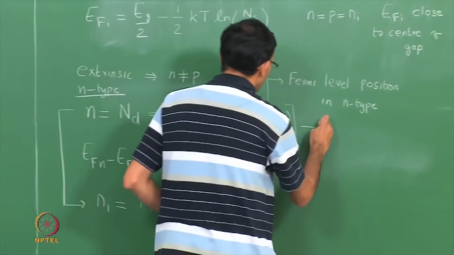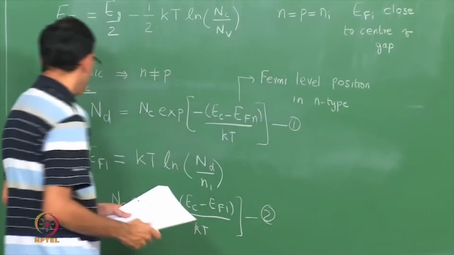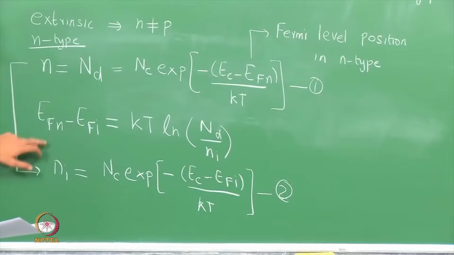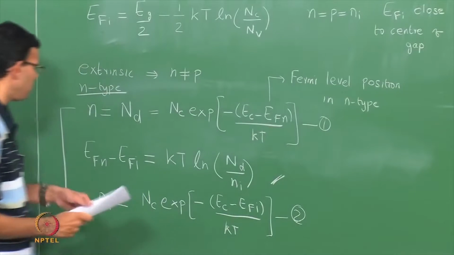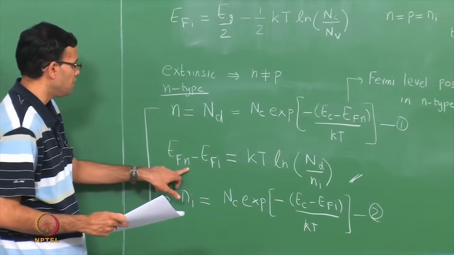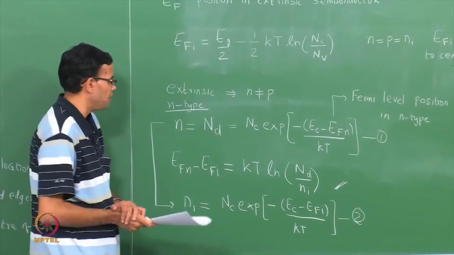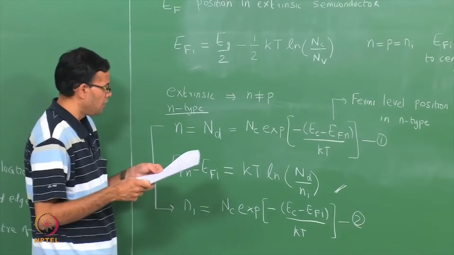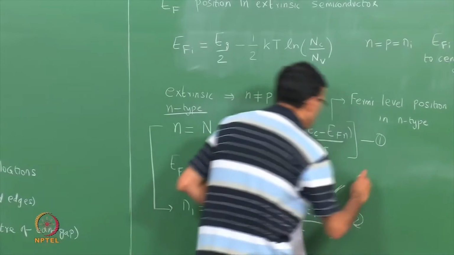So, we start with 1 and 2, and then we divide 1 by 2 and rearrange the terms to get the expression for the Fermi level position in an extrinsic n type semiconductor with respect to the Fermi level position in an intrinsic semiconductor. You can write a similar equation for a p type material as well.